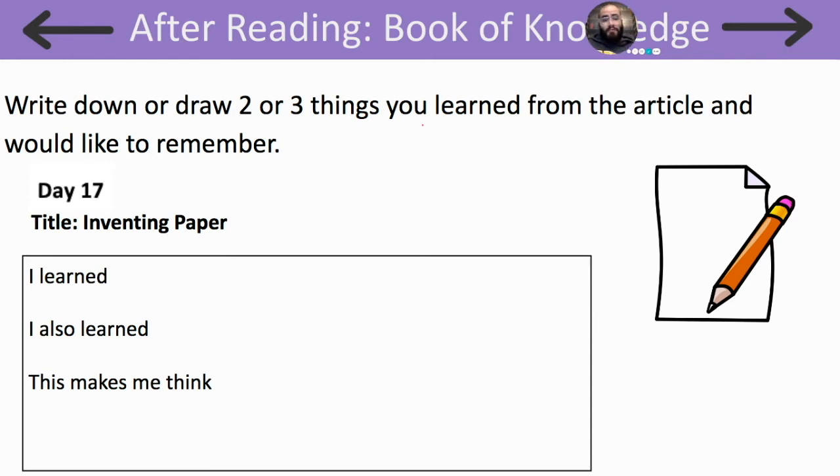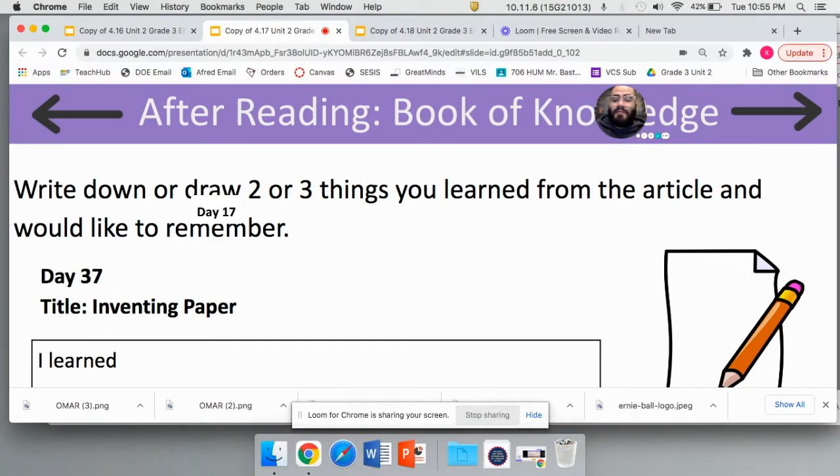Now I want you guys to pull out your book of knowledge, and I want you to go back in the article and find 2 or 3 things that you learned from it. So I'm going to go back into the article and write 2 or 3 things that I learned from this.